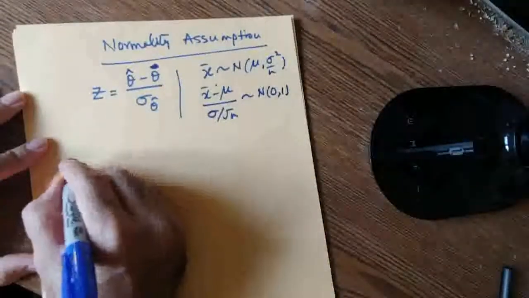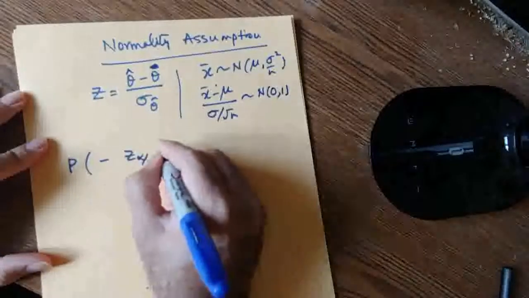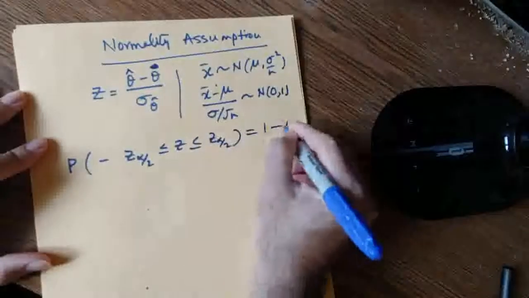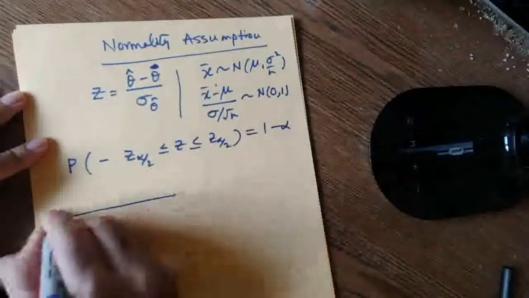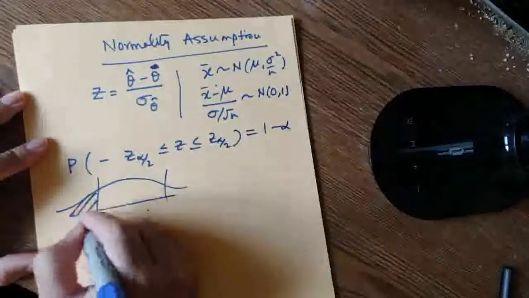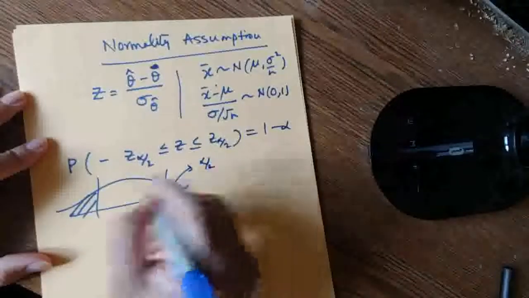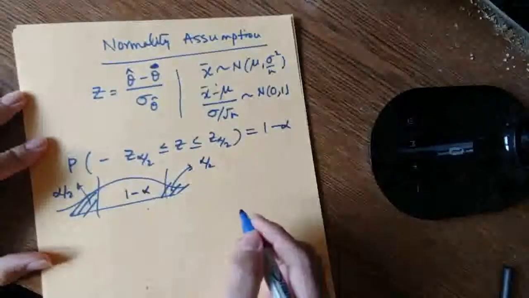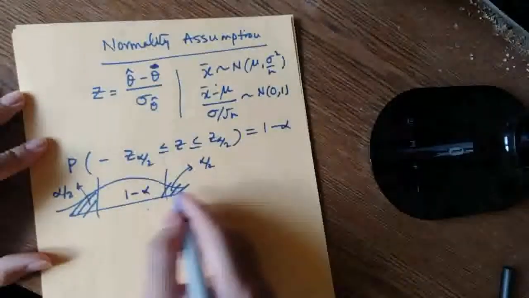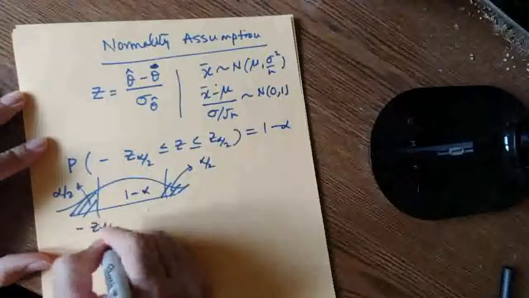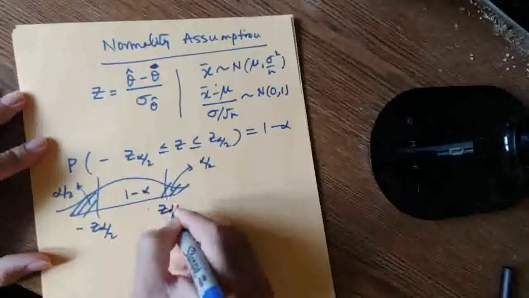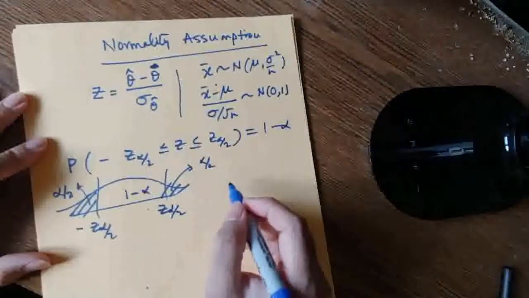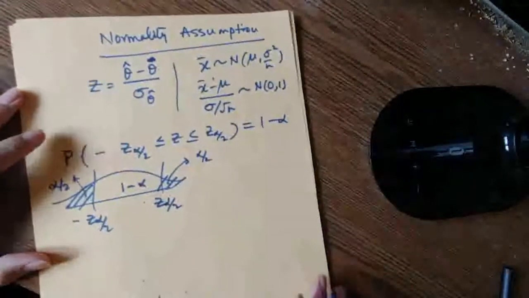So I can write this as negative z alpha over 2 less than or equal to z less than or equal to z alpha over 2. That's 1 minus alpha. It's saying this is the normal distribution. This area and this area both are alpha over 2. And this is 1 minus alpha. So the whole area is 1. This point right here is negative z alpha over 2. This point right here is z alpha over 2. And that's pretty much what it is.